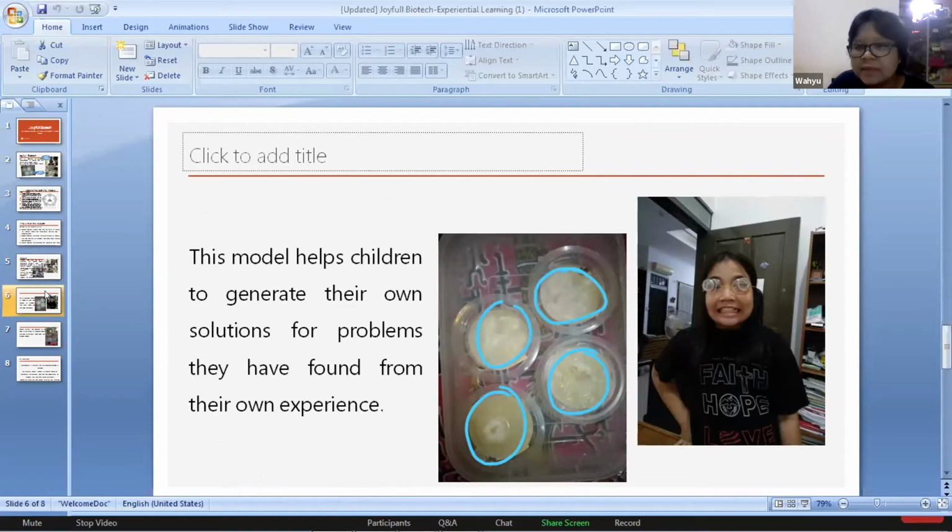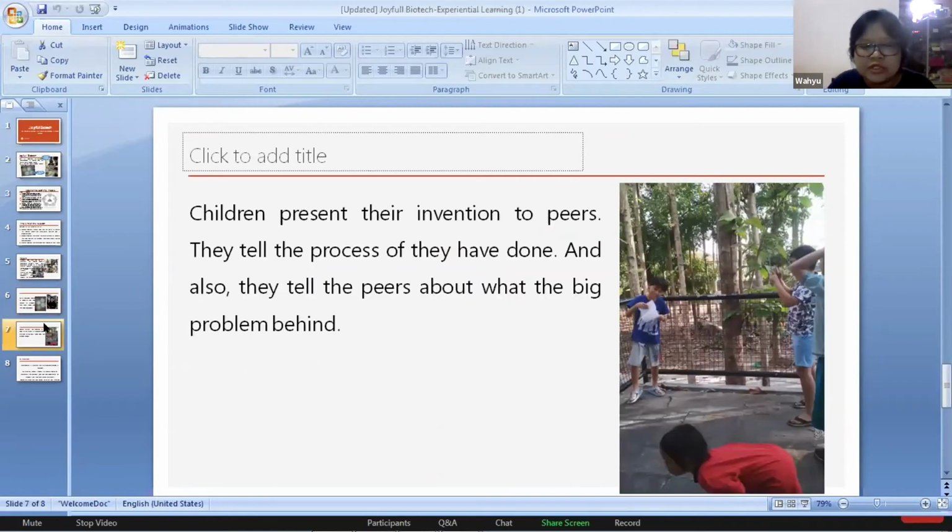Like this, one of my students found an actinomycete with antibiotic potential, so she built her own goggles and also some laboratory equipment to help her explore the actinomycetes. And the children are happy to present their inventions to their peers.